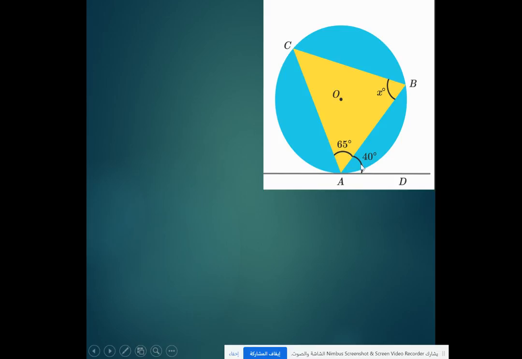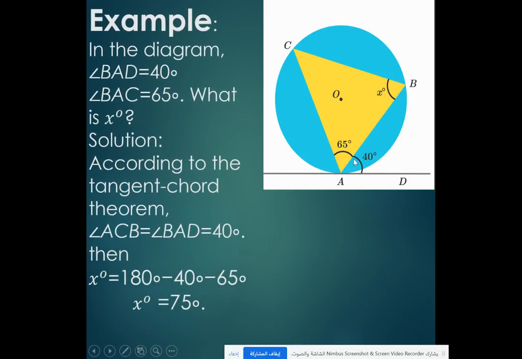To complete the straight line, which is 180, you will add 40 plus 65 and then subtract it from 180 to get 75. And that will make this angle between the tangent and the chord equal to the inscribed angle subtended to the same chord on the opposite side. So the measurement of x is 75 degrees.